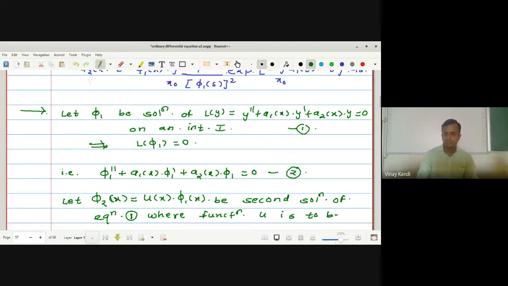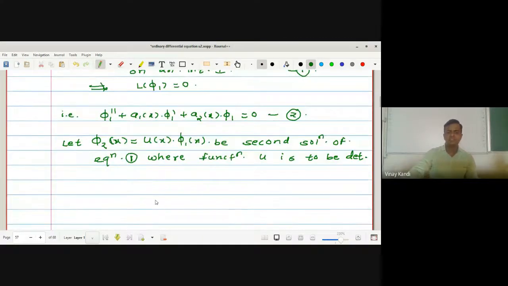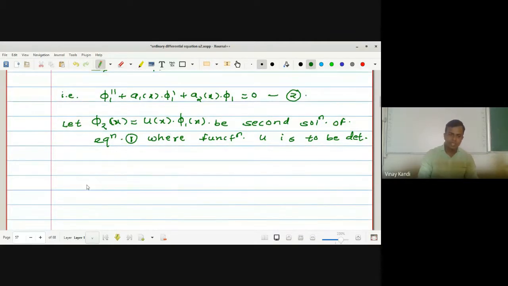We have to find u of x, the function which we have to define. Then if phi 2 is the solution of L of y, we have L of phi 2 equal to 0. That is, L of u into phi 1 is equal to 0. Any doubt up to here?